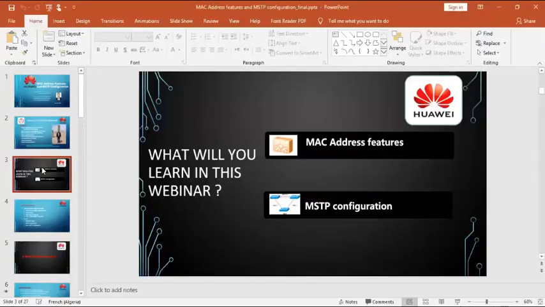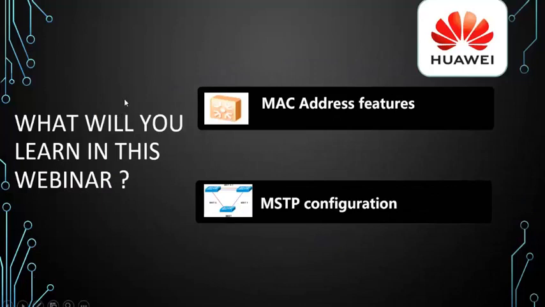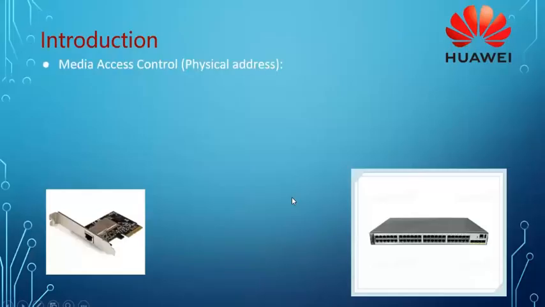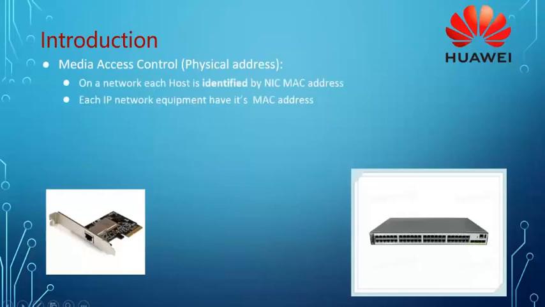So, what about the MAC address features? Talking about the topics of this webinar, we will learn some knowledge about MAC address features and MSTP configuration. This is an overview of the content of this webinar. What is a MAC address?